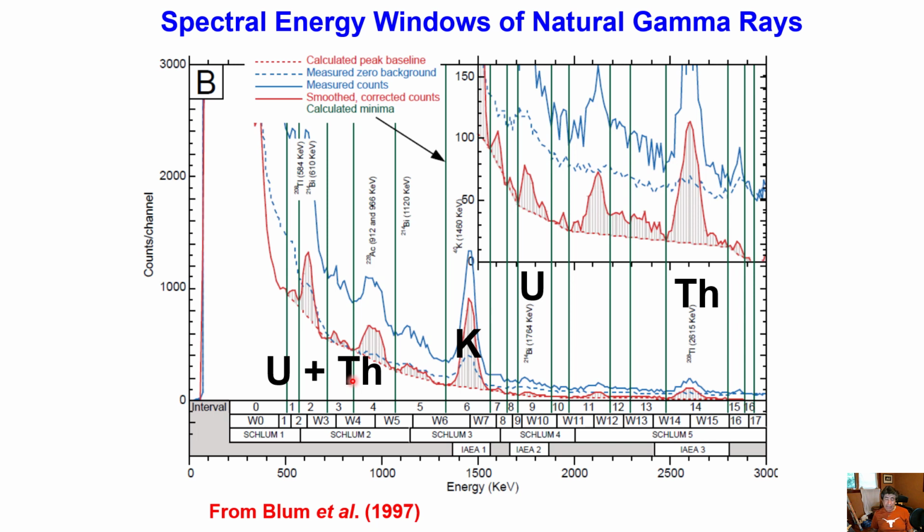So what the logging companies do is design the scintillators to have windows that cover the peaks of energy associated with the thorium, the uranium, the potassium, and the uranium plus thorium.